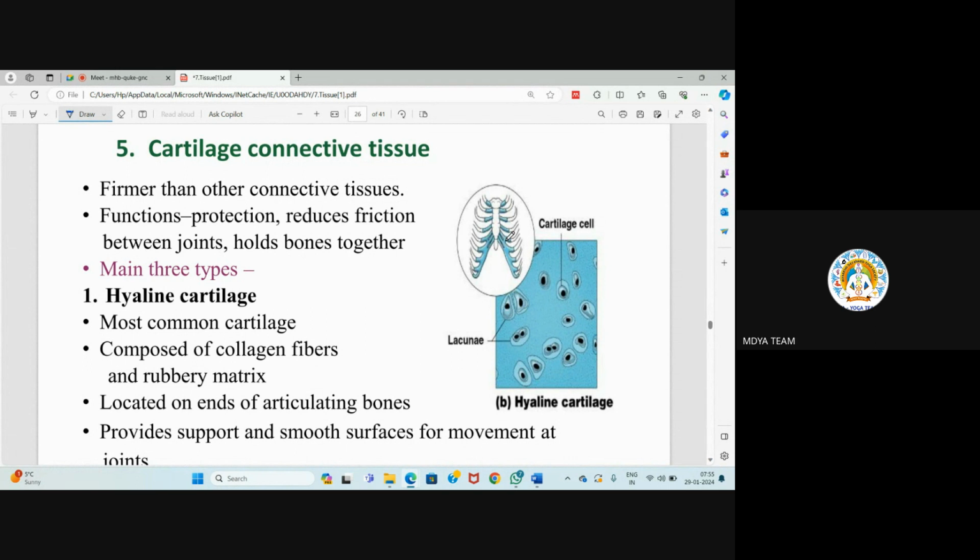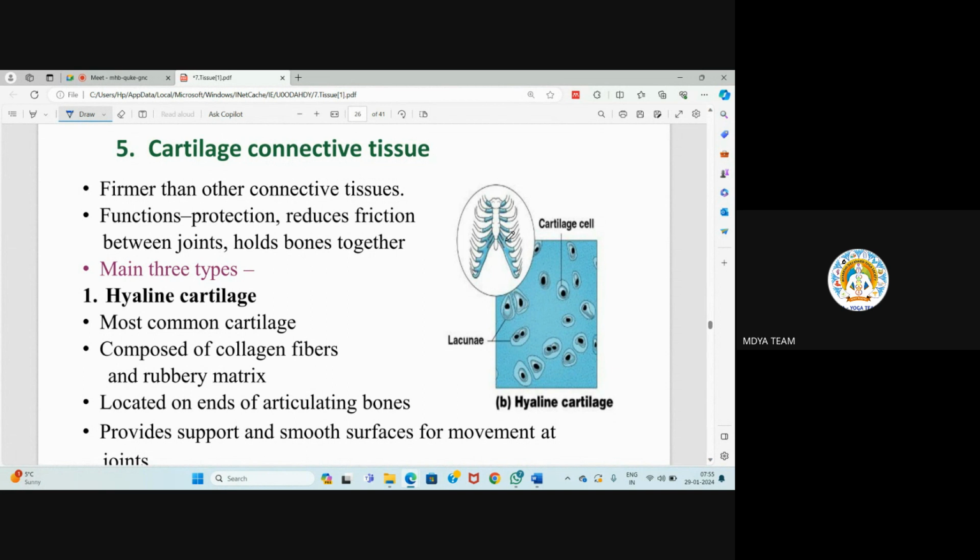Our whole ear pinna is made up of cartilage only, so they are supporting the ear, giving a structure to the ear, holding the ear, and sometimes protecting. And they are reducing friction between joints. In different joints you will see that cartilages are protecting and reducing friction.